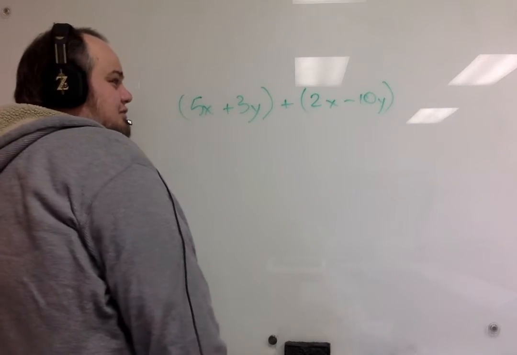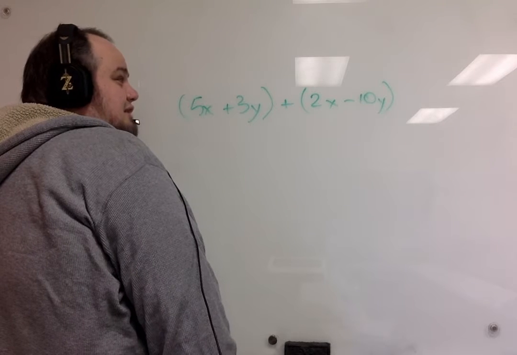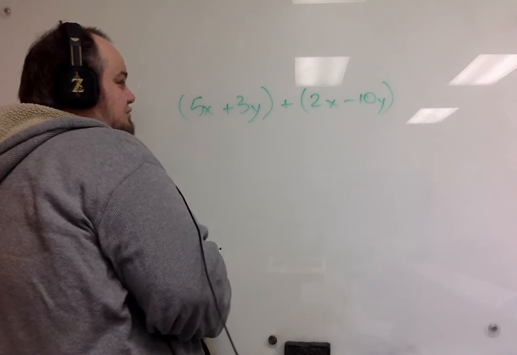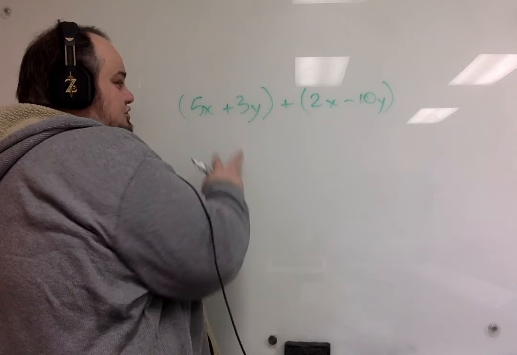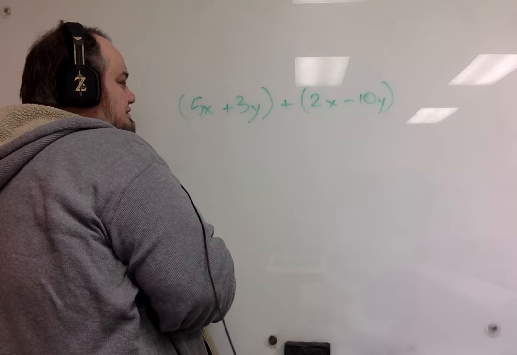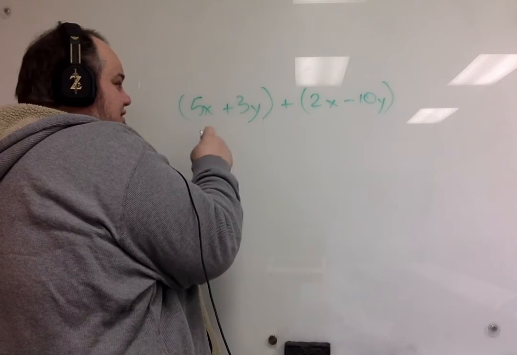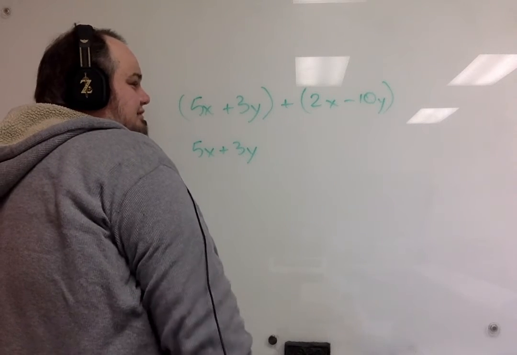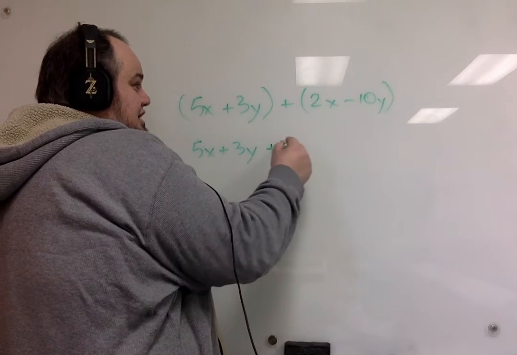Now, if you're given your polynomials like this where they're in parentheses, then you can remove the parentheses if you're adding or subtracting, as long as you follow these simple rules. If you're adding or subtracting two groups, you can remove the parentheses. If there's nothing in front of it, you can just remove the parentheses and nothing changes. If there's a plus sign in front of it, you remove the parentheses and nothing changes. None of the signs change.